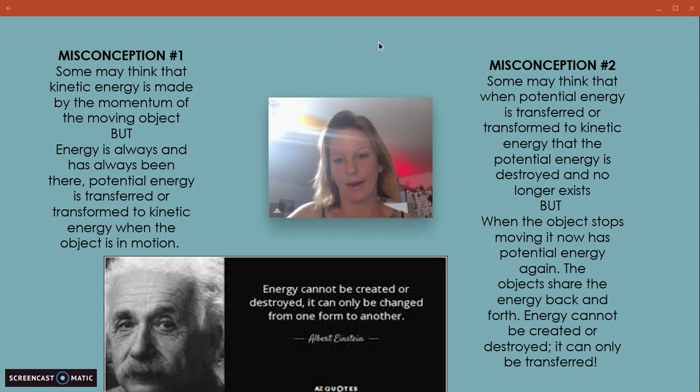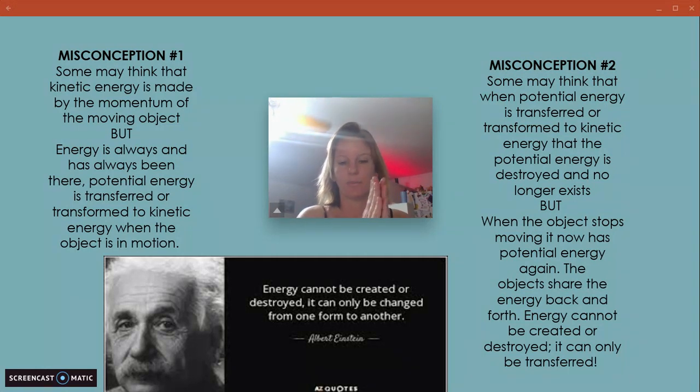It was already there. The second misconception is that potential energy is transferred to kinetic energy and that potential energy no longer exists, or that the potential energy is destroyed. That's inaccurate. Why? Let's say there's a pendulum swinging, like that example in the video we watched.